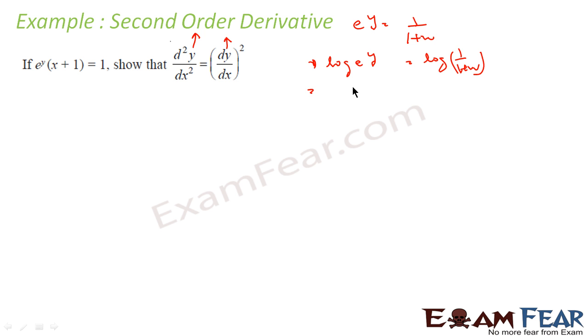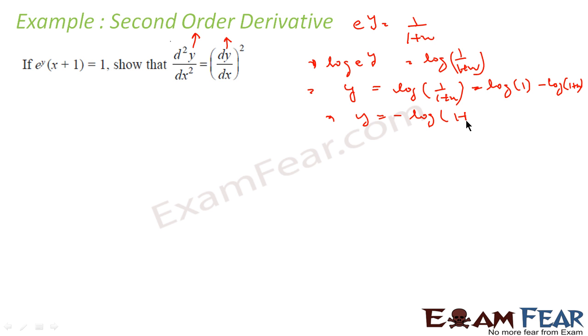Log of e to the power y is nothing but y, and log of 1 by 1 plus x is, you will see, log 1 minus log of 1 plus x, and log 1 is 0, you know. So y is nothing but minus of log of 1 plus x.